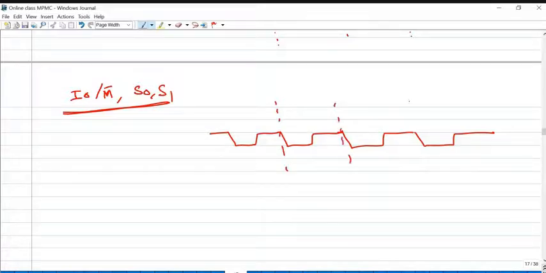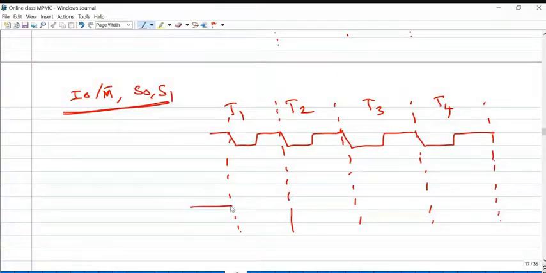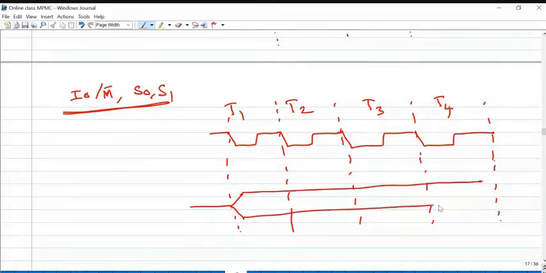M cycle 1, M cycle 2, T1, T2, T3, T4. Suppose it is an opcode fetch operation, we need 4 clock cycles. So you have to indicate a signal like this.